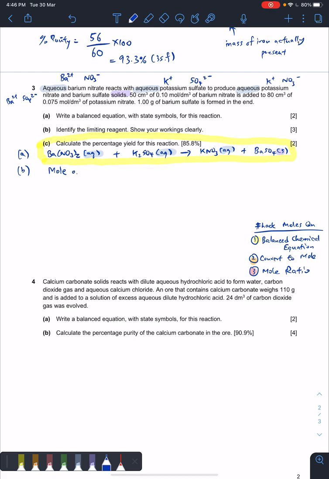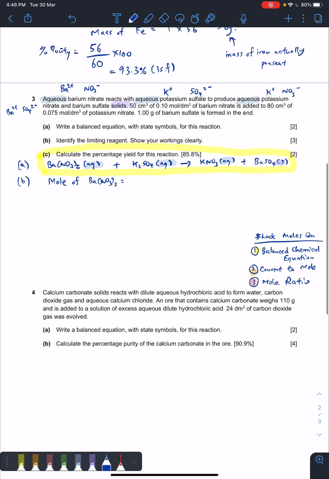Alright, so mole of barium nitrate is 50 cm cubed. Remember the usual trick. So this is 0.005 mole. And you notice you have another set of numbers, 80 cm cubed of 0.075. Okay, let's convert then.